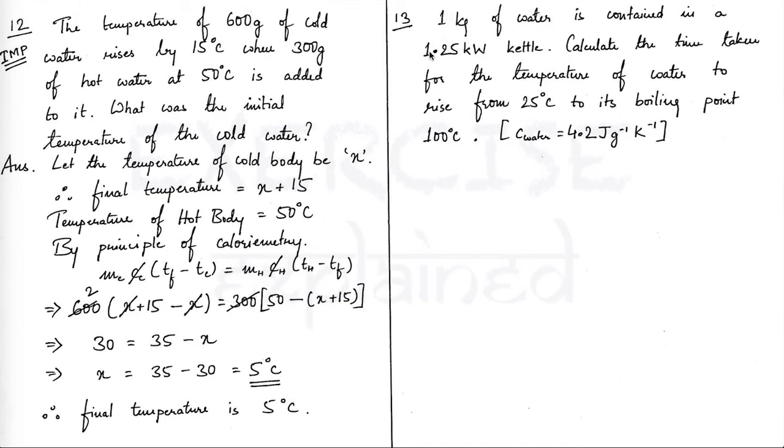The power of the kettle is given as 1.25 kilowatt. Calculate the time taken for the temperature of water to rise from 25 degrees Celsius to its boiling point of 100 degrees Celsius. Specific heat capacity is given in joules per gram per Kelvin, that is 4.2 joules per gram per Kelvin.